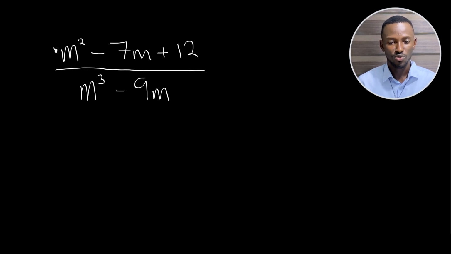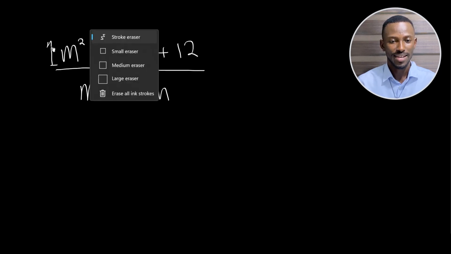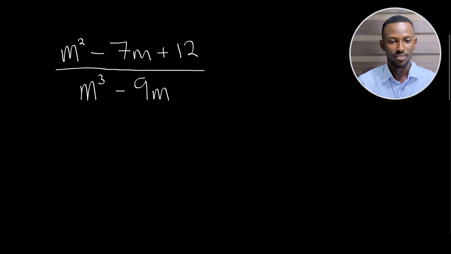The first thing you need to do is to check the coefficient of m squared. Although it is not written, the coefficient of m squared is actually 1. That coefficient, 1, you would use to multiply 12 and still get 12.